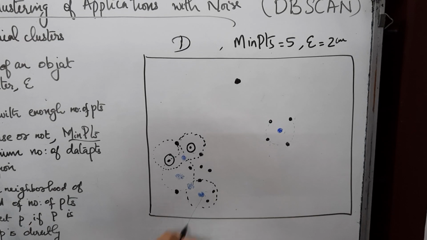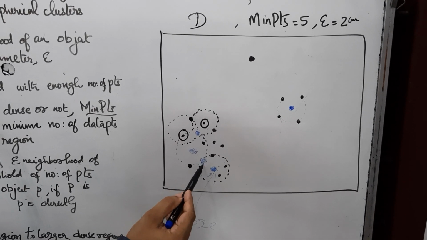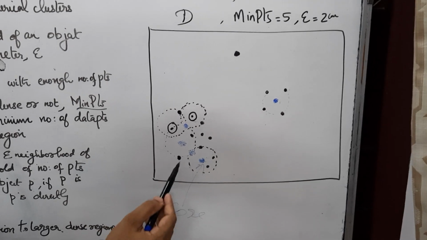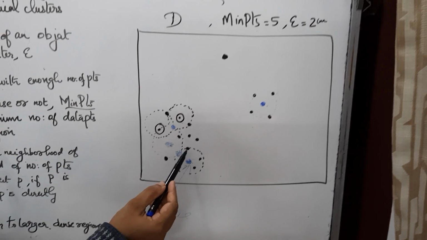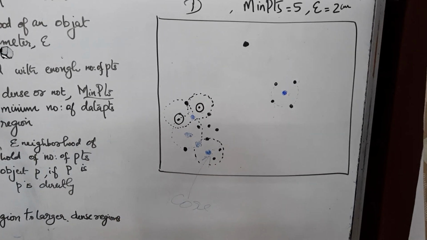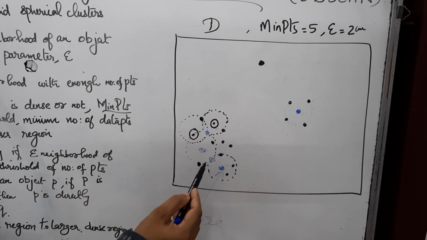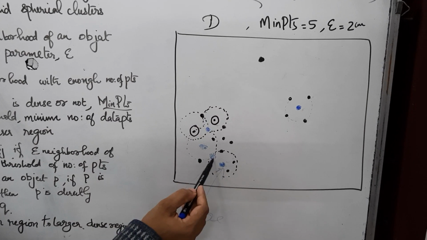So we can say this is a core object. Consider this object also and check its neighbors. Again we take its radius, and it passes the criteria of a minimum of 5 points. All these blue items are core objects.